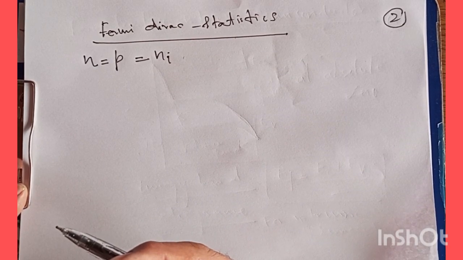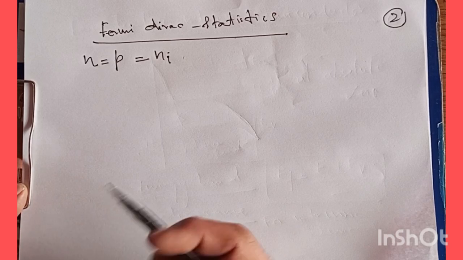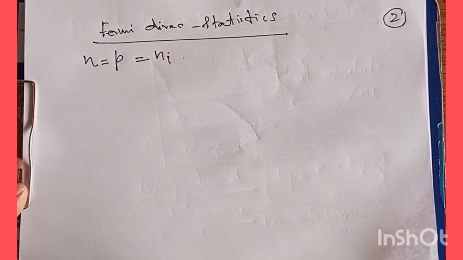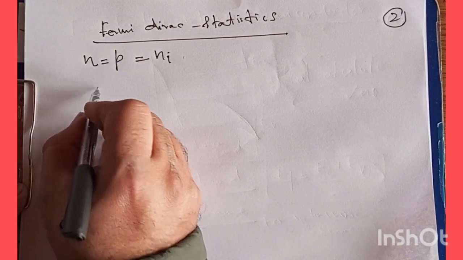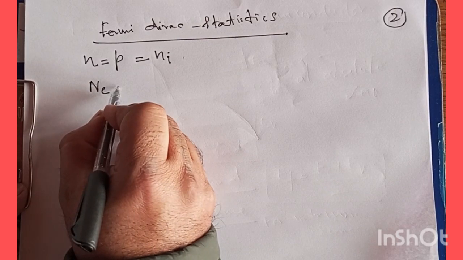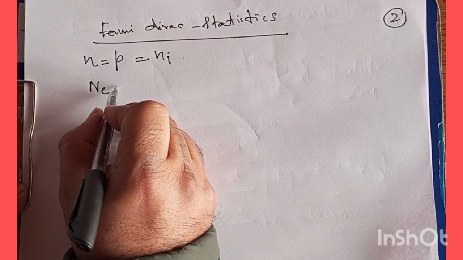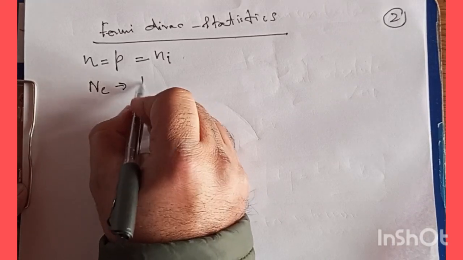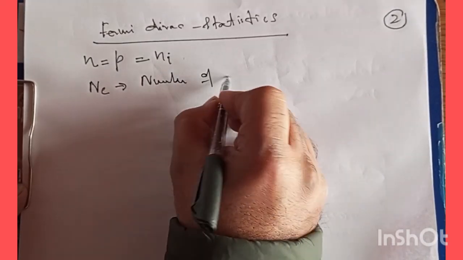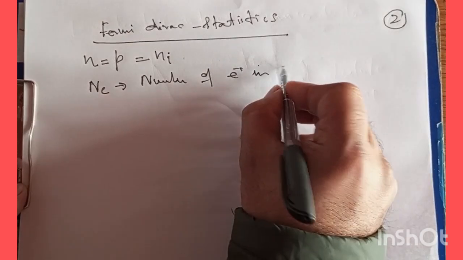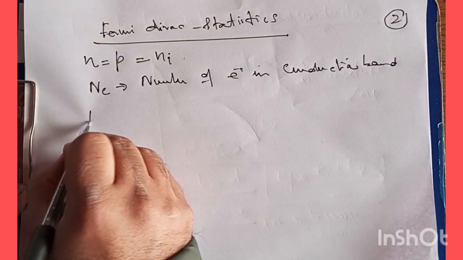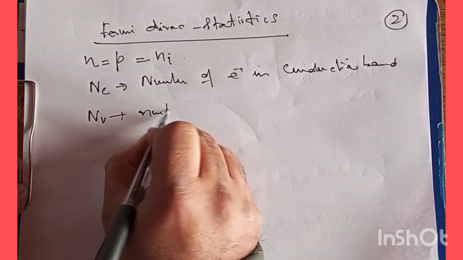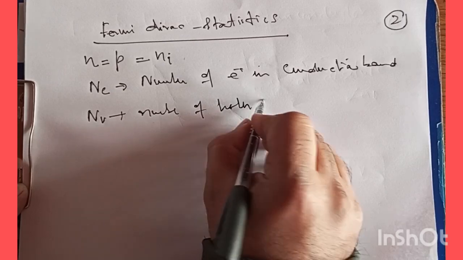Now, if we have to write down the Fermi-Dirac distribution function for electrons and holes, the two functions should be exactly equal to each other. So in order to do that, let me assume that NC is the number of electrons in the conduction band, and NV is the number of holes in the valence band.